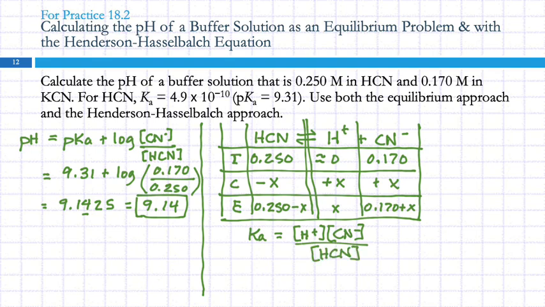We were given Ka as 4.9 times 10 to the minus 10. So that's going to equal X times 0.170 plus X, divided by 0.250 minus X. If we do the X's small approximation, we're going to end up with exactly the same thing. So let's do the solver on this one.